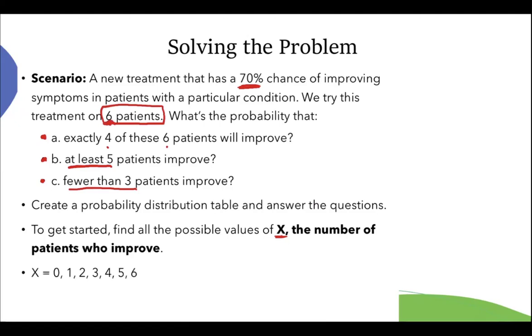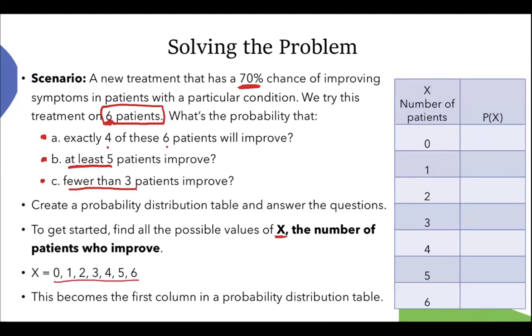So the values of X are every value between 0 and 6. In building the probability distribution table, that set of values of X becomes the very first column. We're going to make a row for each value of X: 0, 1, 2, 3, 4, 5, and 6.